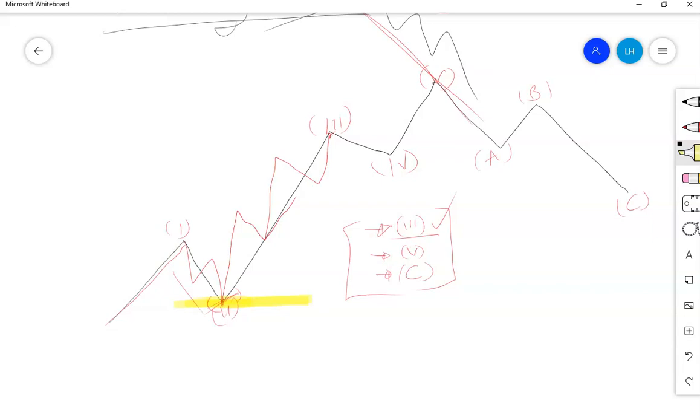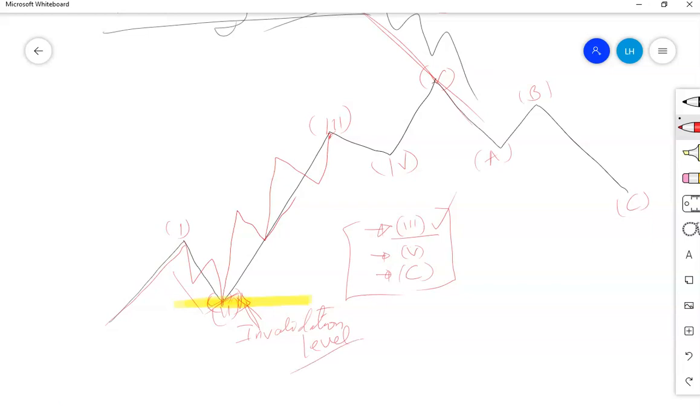So now this lower point here, which is marked by yellow color, because the market has already turned and it's moving up, we will mark it as an invalidation level.